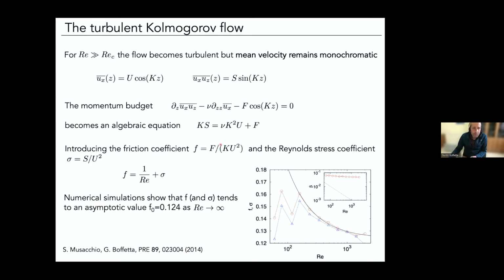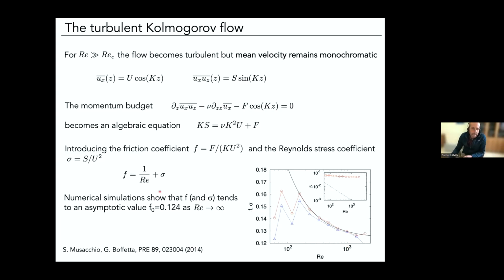And so if you introduce, as usual, the friction coefficient, which is defined as the work done by the forcing over the kinetic energy, so F over U squared, essentially, you have an expression for this friction coefficient, and numerical simulations done some years ago show that, increasing the Reynolds number, the friction coefficient tends to a limit.